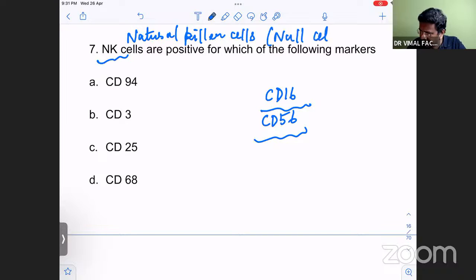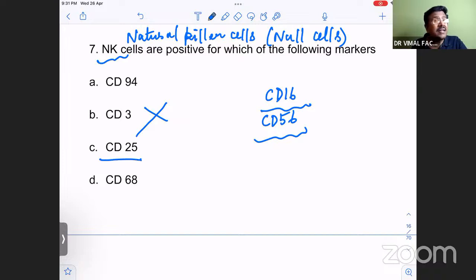Why are they called null cells? Because they don't express a T cell marker or a B cell marker. T cell markers are negative and B cell markers are also negative, so they are called null cells. So CD3 is ruled out.